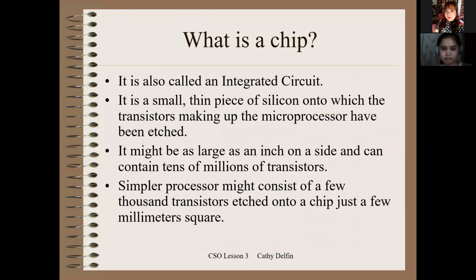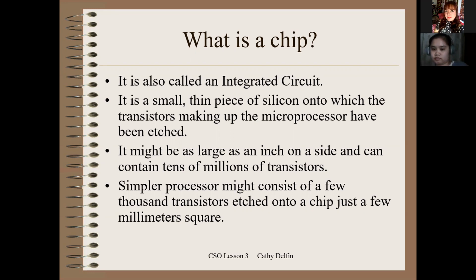Okay, and what is a chip? Since all of that is made of chips, it is an IC, or what we call the integrated circuit. It is a small, thin piece of silicon onto which the transistors making up the microprocessor have been etched. So our IC is also transistors, but multiple, not visible to the naked eye.